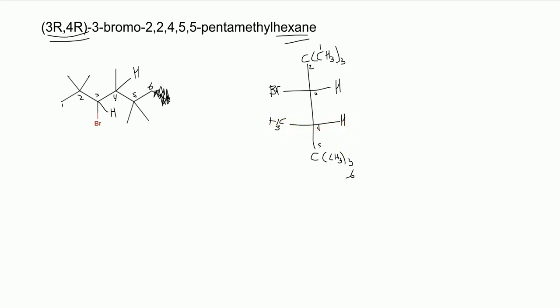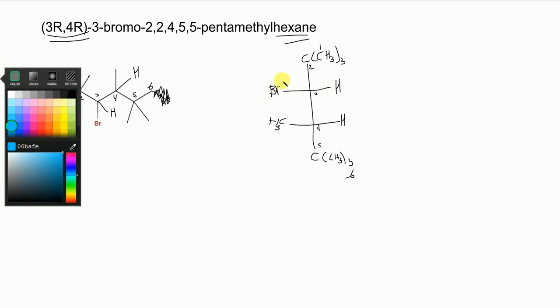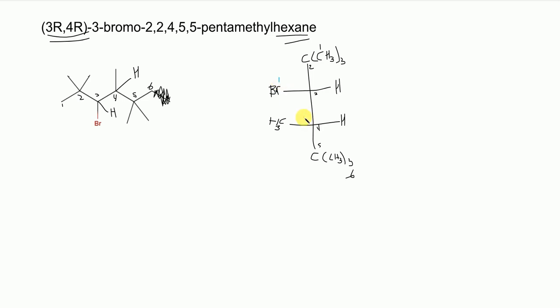I'm doing this because I'm not going to think about where I should put it so that I get R, or so that when it flips it becomes R. I'm just going to do it, then check my stereochemistry, and if I'm wrong, I just flip the locations. For the first one, this is going to be 1 because bromine is heaviest.